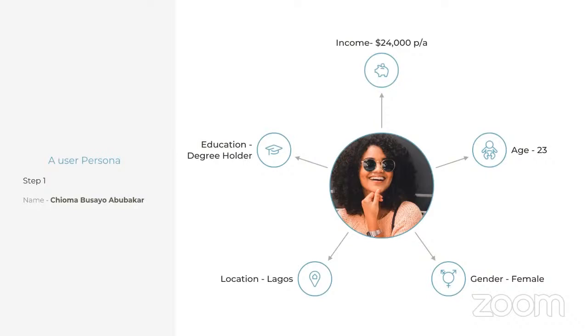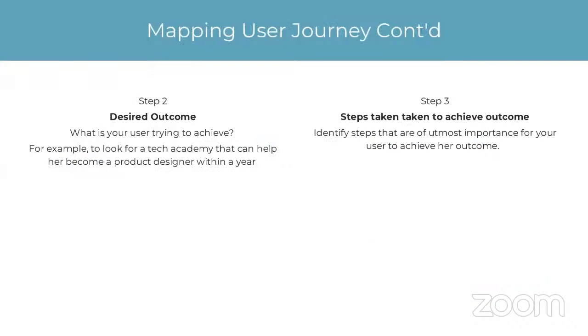And now, what is our desired outcome? Don't forget, we talked about desired outcome. Our desired outcome is to transition from being a receptionist to being a product designer or a project manager. So that's our user persona. So what is our desired outcome?